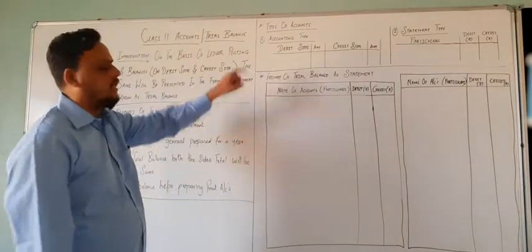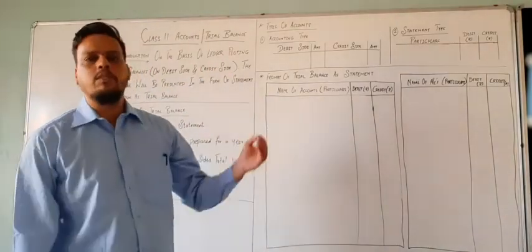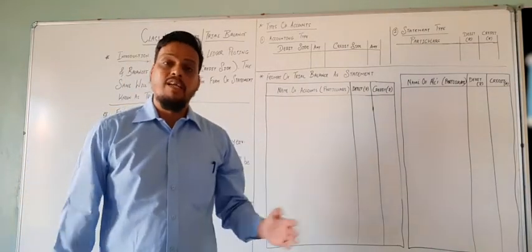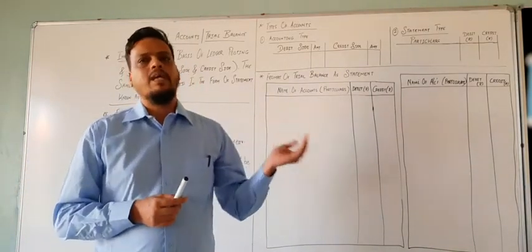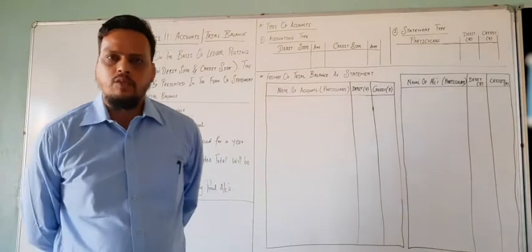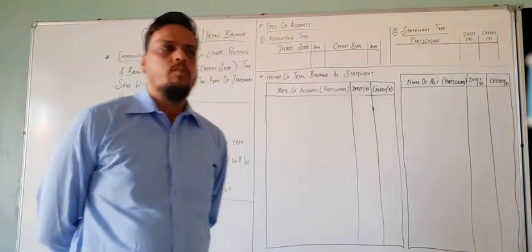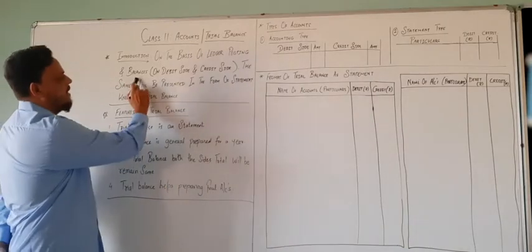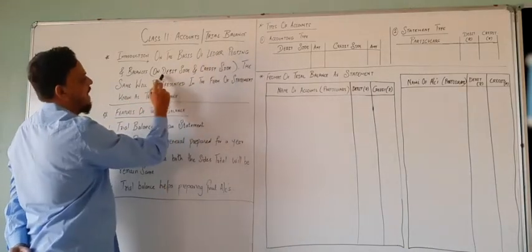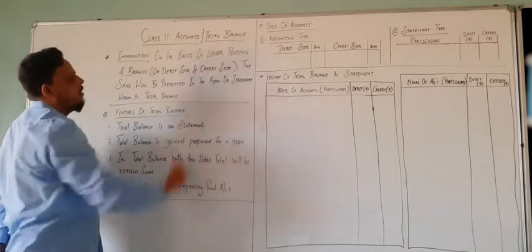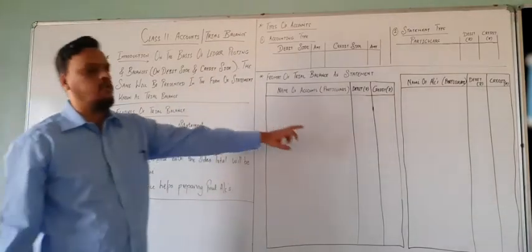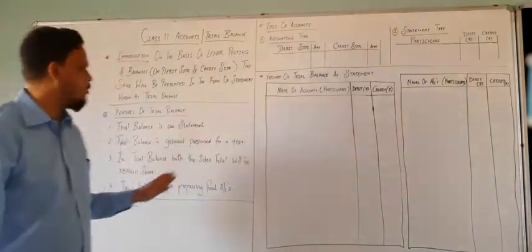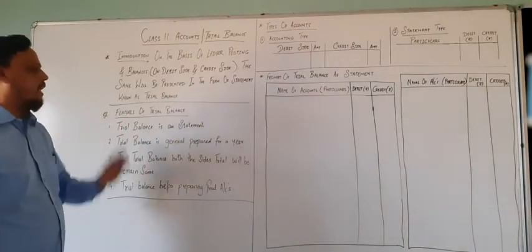Ledger posting comes from the different books like subsidiary books and journal entries. From there you get your ledger, and the ledger helps you to make a trial balance. It is clearly said that the balances of ledger postings, debit side or credit side, will be entered in the form of a statement, and that statement is known as trial balance.